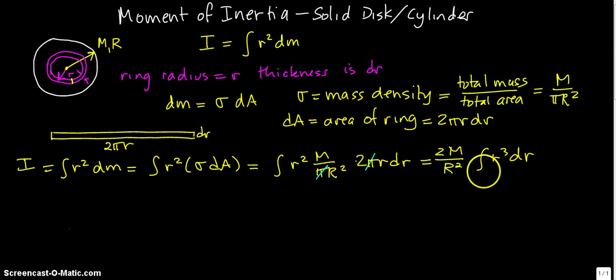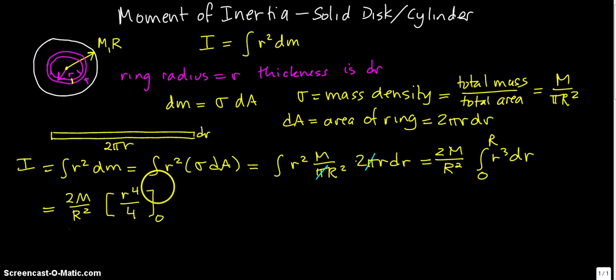So my limits on integration on this variable are 0 and capital R, my total radius of the circle. So 2m over R squared times the antiderivative of r cubed, which is r to the 4th over 4, and I evaluate that at the limits 0 and R.